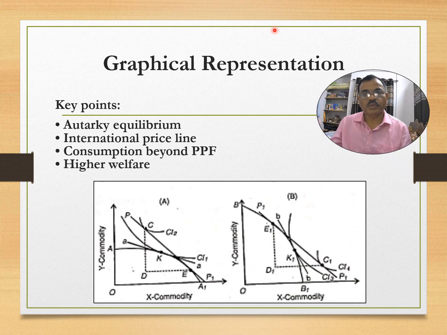This visually represents gains from trade, and it is true for both countries. For country B, the autarky situation is represented by point K1, and when it participates in international trade, it moves from K1 to point C1.